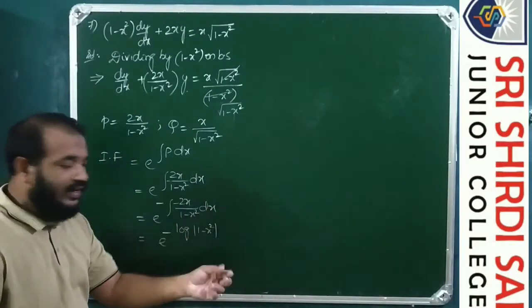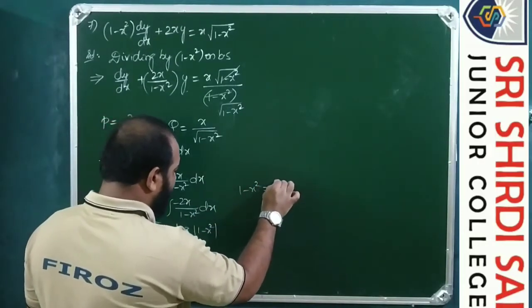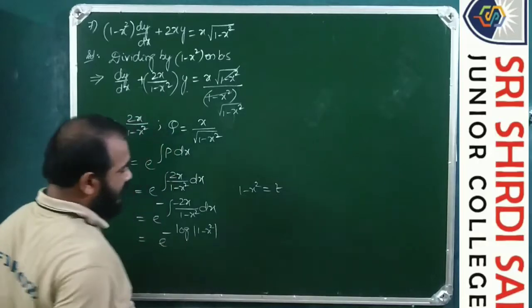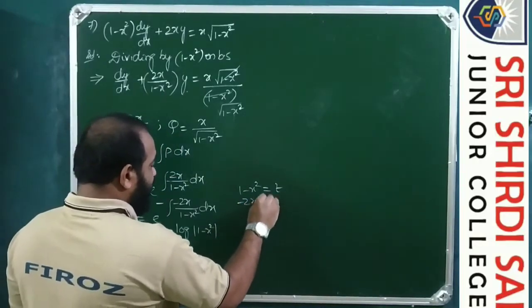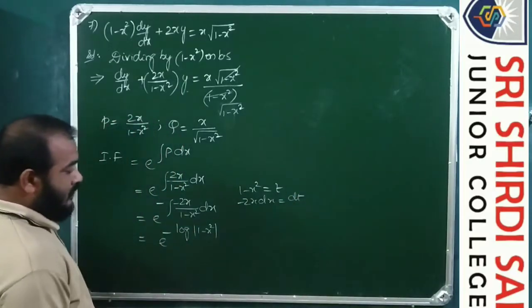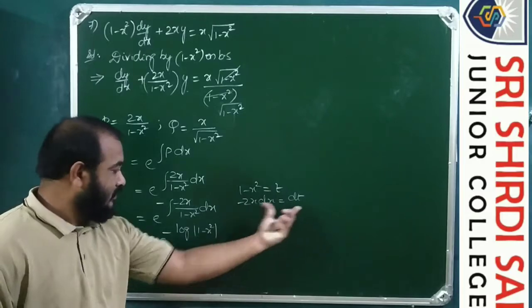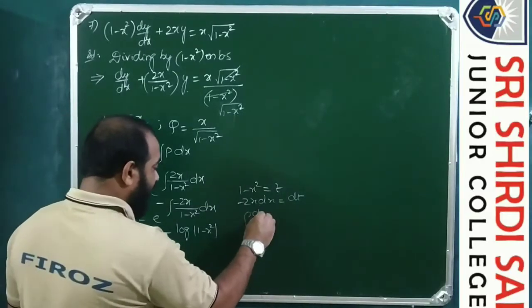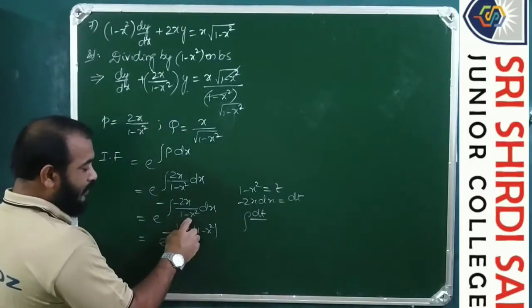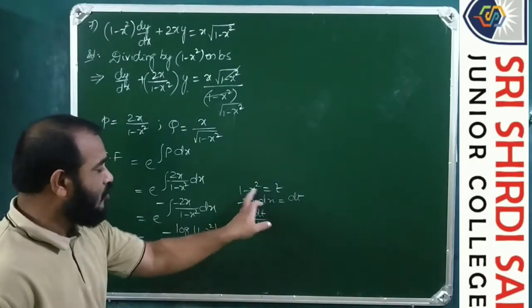Otherwise you may even take 1 minus x square equals t. So minus 2x dx equals dt. Therefore this minus 2x dx is dt, so dt by t. 1 by t dt is log t, and t is 1 minus x square.